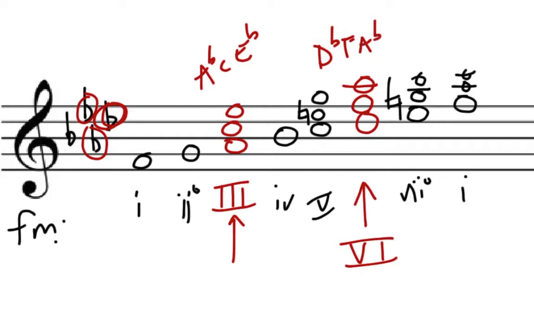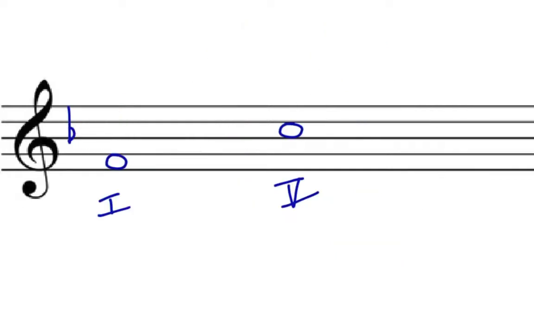So let's look at why they're called mediant and submediant. We're back to F major here for this example. Could do it in minor as well. But I have the tonic triad, the 1st scale degree, and I have the dominant triad, the 5th scale degree, and halfway in between these is our mediant.